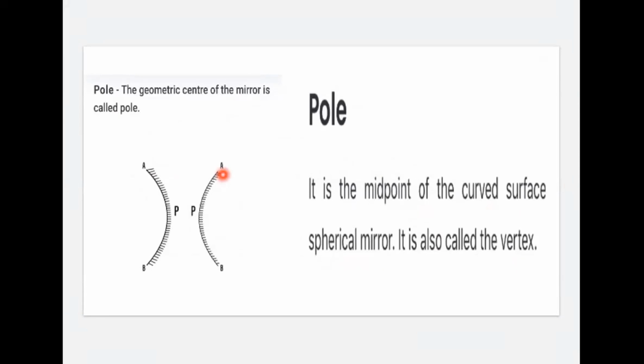Now, students, you can make out whether it is a convex mirror or a concave mirror, if I try to locate the exact geometric center of both of them, I will get it somewhere over here. And this is basically called the pole of the mirror. Pole is the exact midpoint of that spherical mirror. It is also called the geometric center.